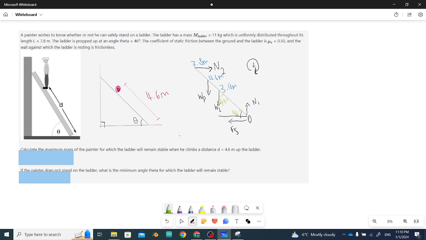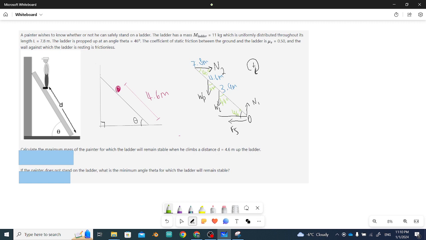And since the weight of the ladder and the weight of the painter are parallel, they have the same angle, 44 degrees. Now N2 is an alternate angle with 46 degrees, so that's also 46 degrees. So this will help us find the perpendicular angles, which we'll need later.